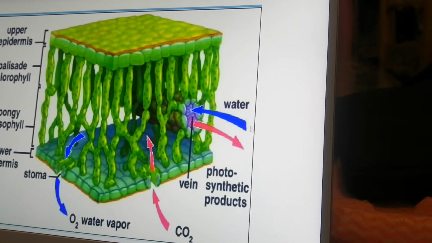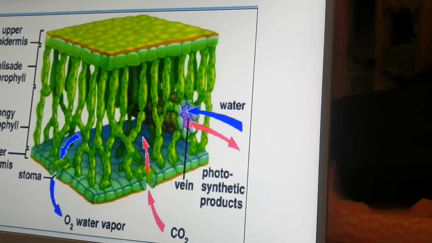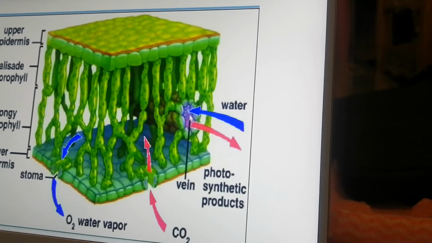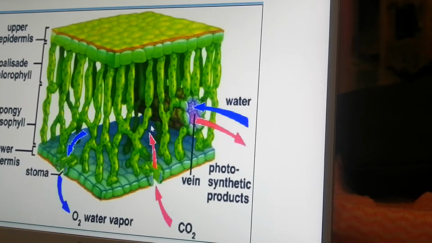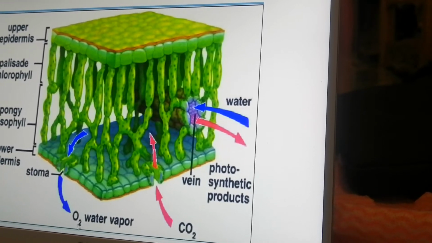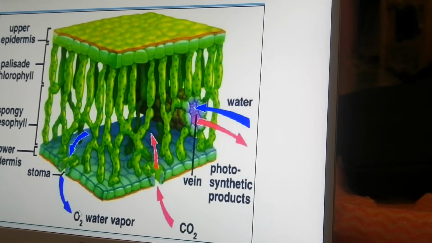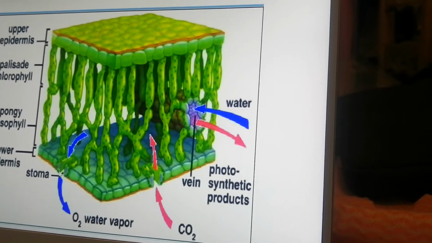This is an exchange of the water. This is an example of the stomata. So it has veins here. Here the carbon dioxide will enter and then oxygen will move out.